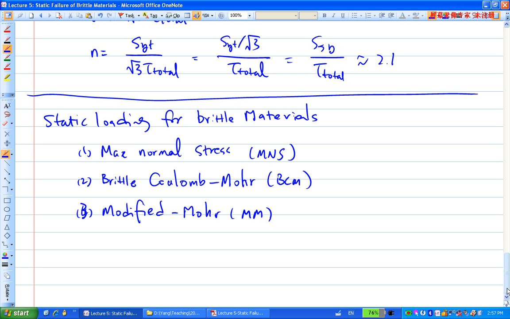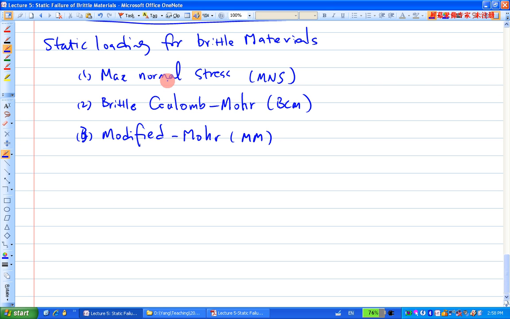Ductile material, we said, generally fails due to shear stress, right? So brittle material generally fails due to normal stress. You can see now, that must be where this first theory name comes from, right? So this is what happened for the first theory right here.